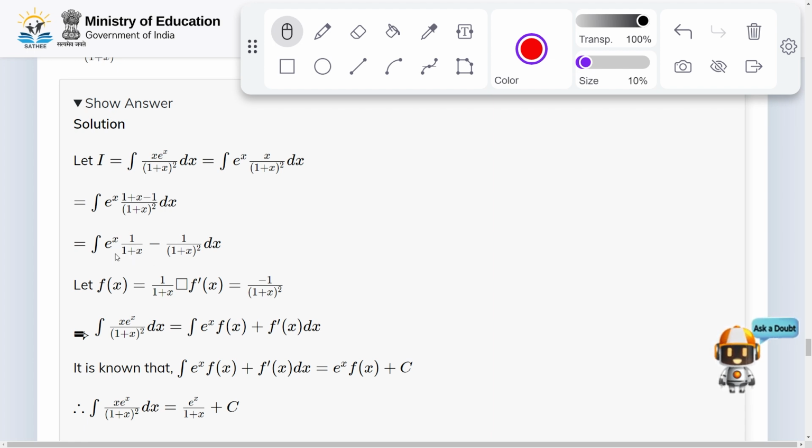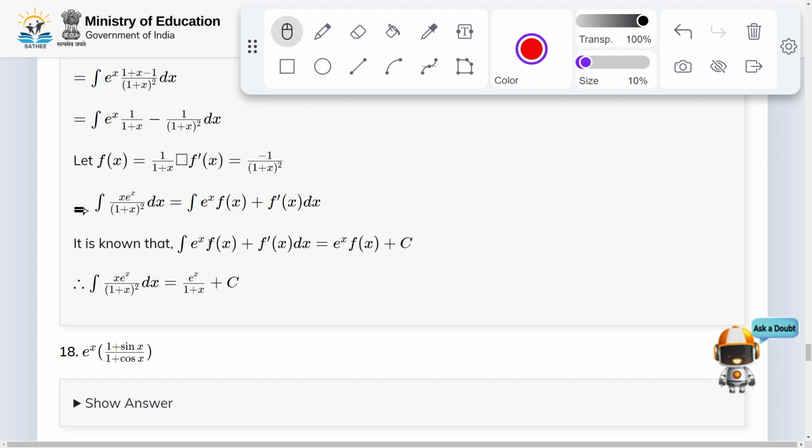So your final answer will be e^x multiplied by 1 divided by (1 plus x) plus some constant, because you have this as your form. Here the brackets must be there. Simple. I hope it is clear to you, so use brackets.